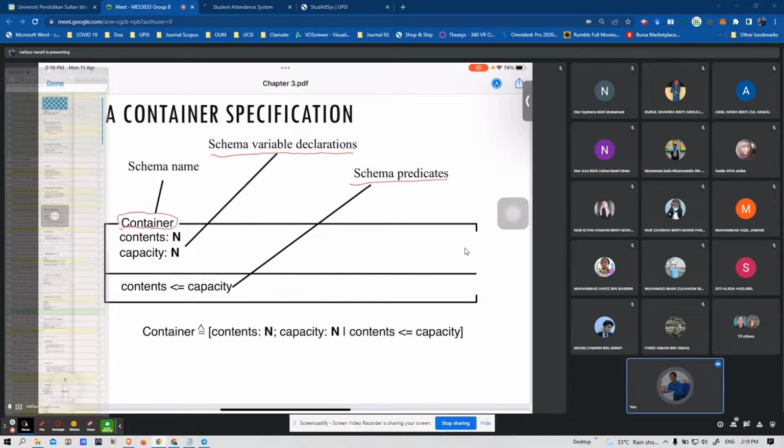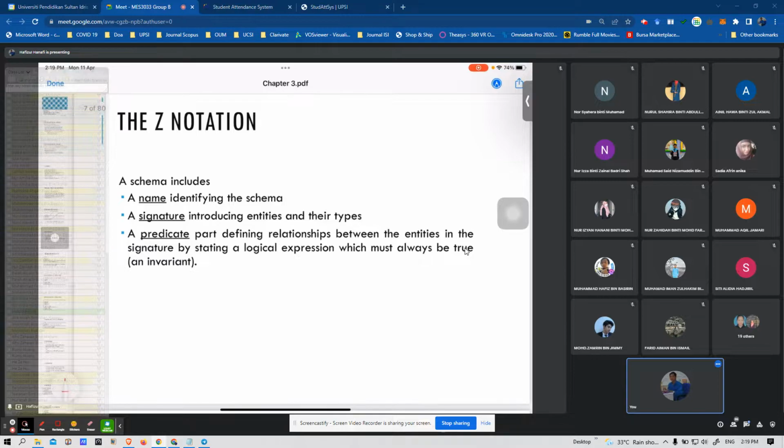Okay, we have an example. A schema is a pattern of the declaration.